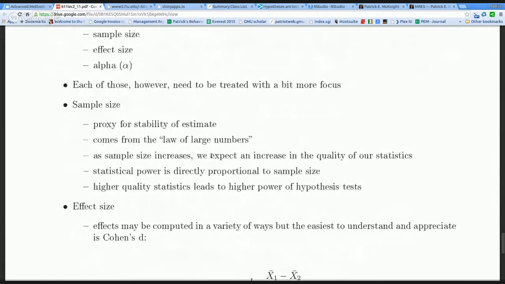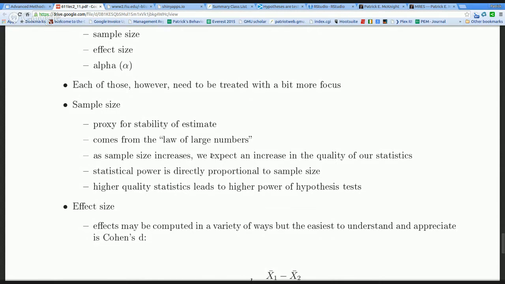I showed you before in my little application that as we increase the sample size, it's not changing the standard deviation at all, but it will change the standard error. That means we have a little bit more precision in our estimate. So sample size serves as a proxy for the stability of our estimate.